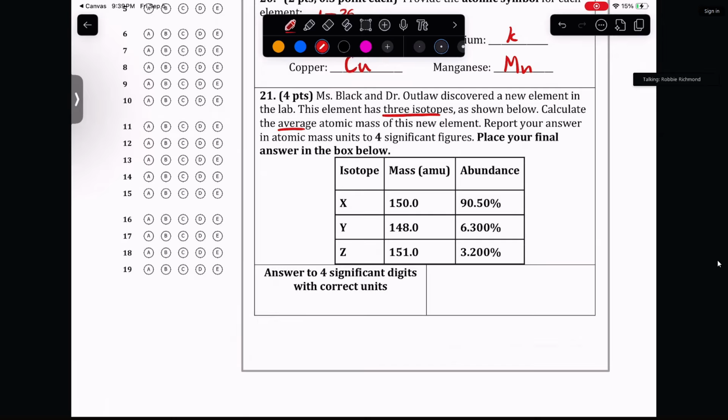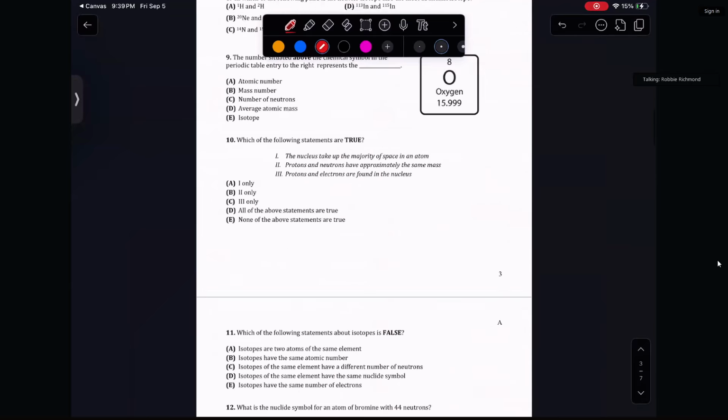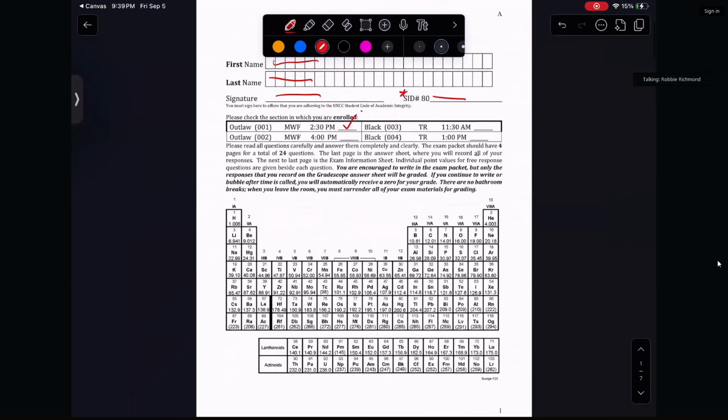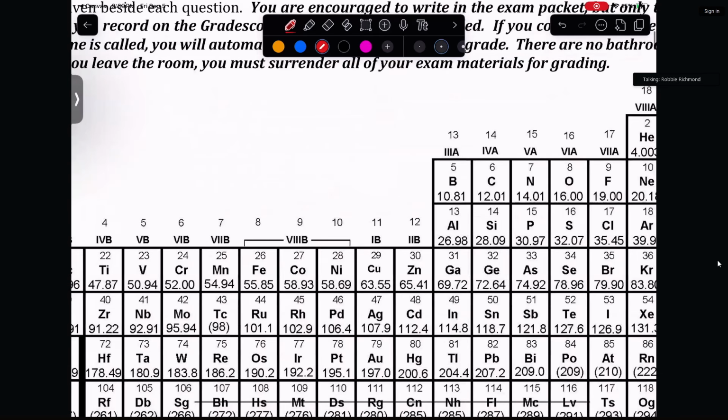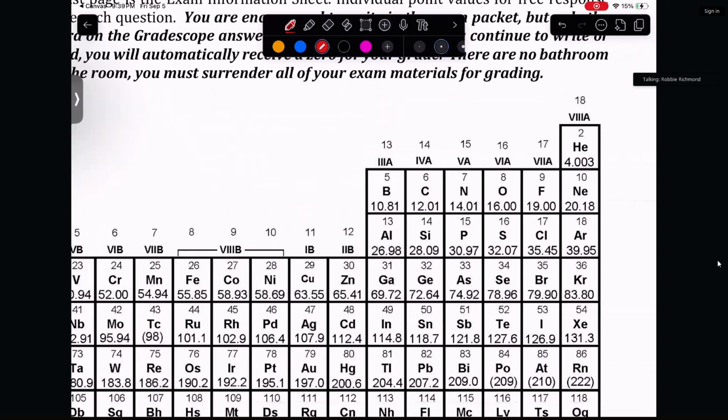So when we're talking about isotopes, there are many isotopes within all the elements in the periodic table, and the only differentiating factor about these isotopes is the amount of neutrons. So some isotopes of boron may have 11 neutrons, while some isotopes of boron have 10 neutrons. And the average of how prevalent each is within a sample group is how they get this number, the average atomic mass.